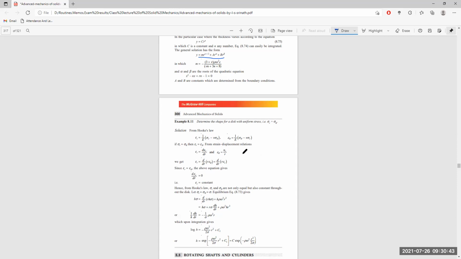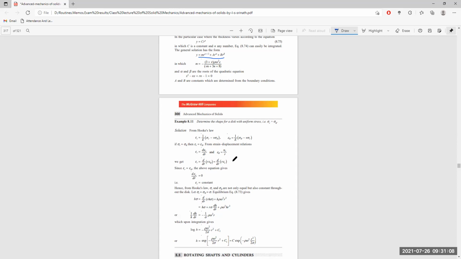So what we have here is d by dr of r into epsilon theta, and d by dr of r into epsilon r itself. Because epsilon r is equal to epsilon theta, we are following the same thing, r epsilon theta, r epsilon r. Means the above equation, both are equal to 0.